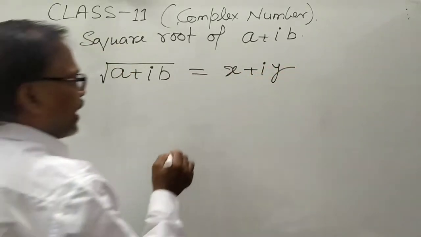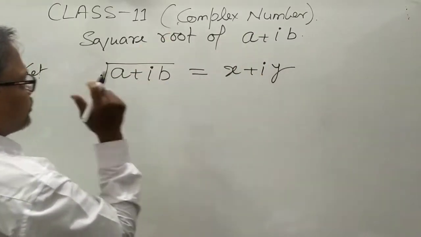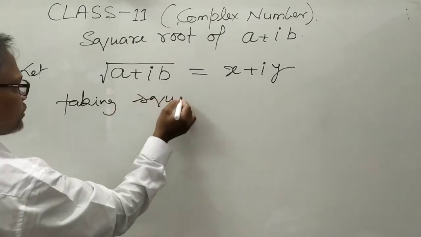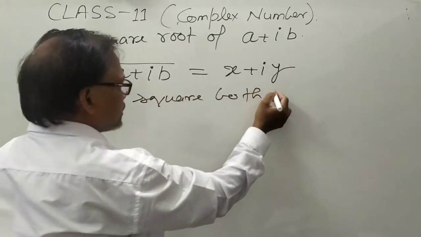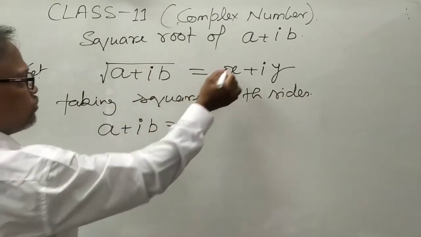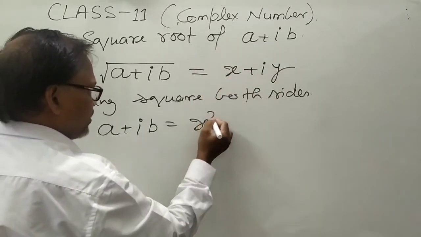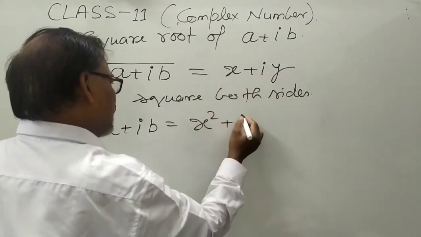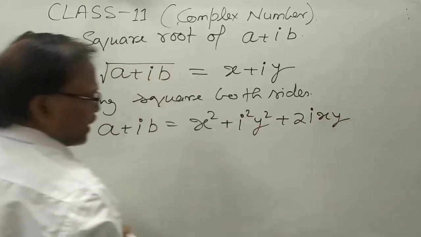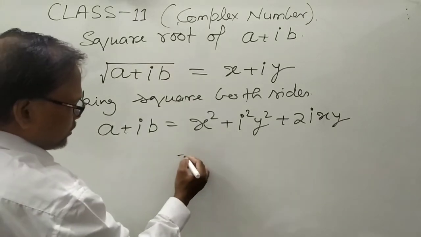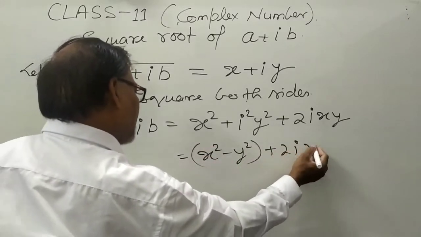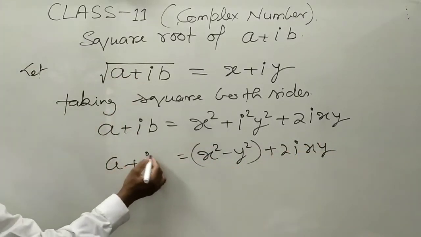Let, and then taking square on both the sides, what will you get? a plus ib is equal to the whole square, so it will be x square plus i square y square plus 2ixy, and i square is equal to minus 1, so it will be (x square minus y square) plus 2ixy equals a plus ib.